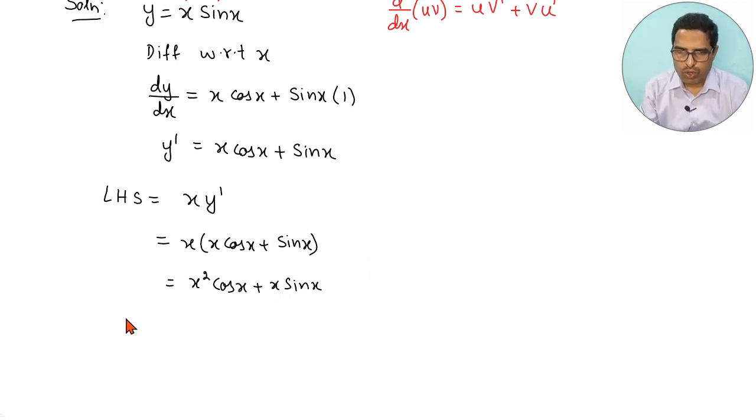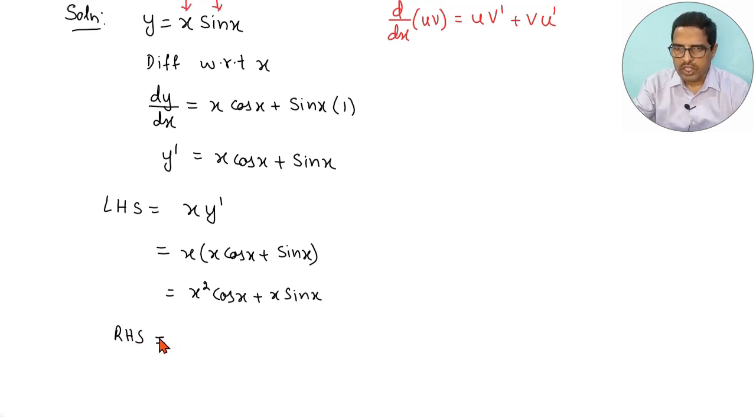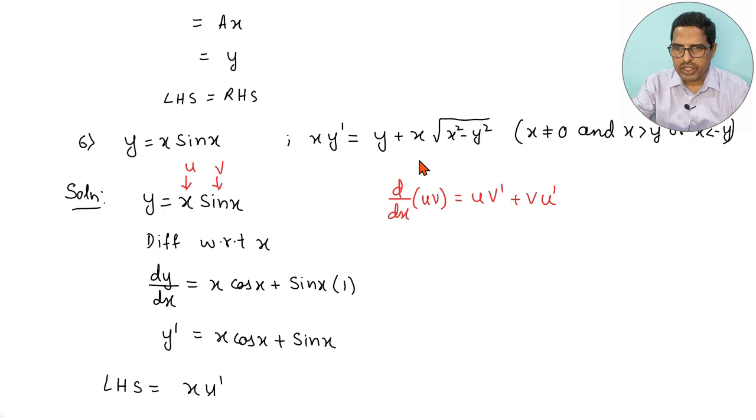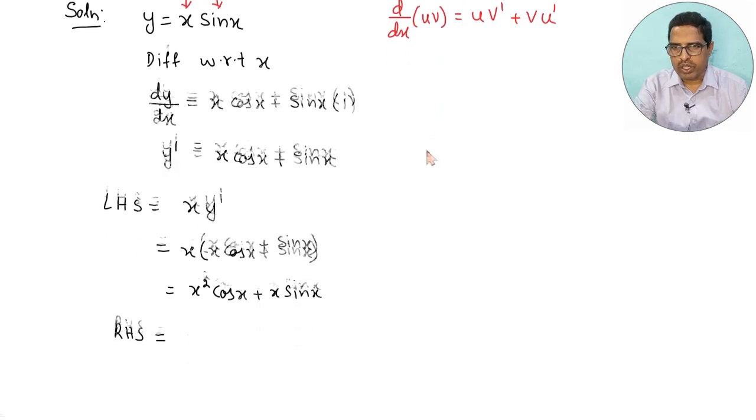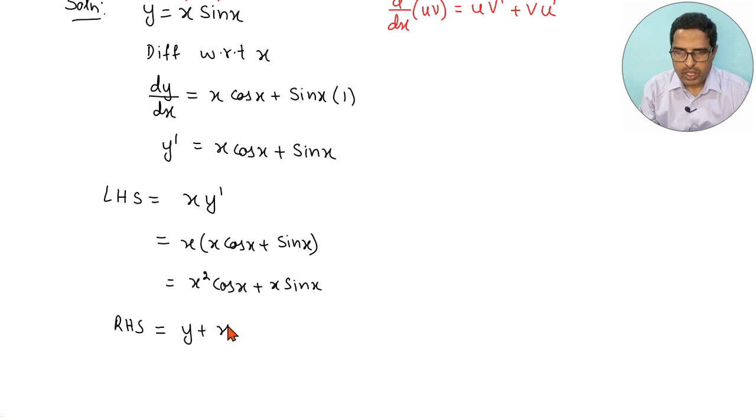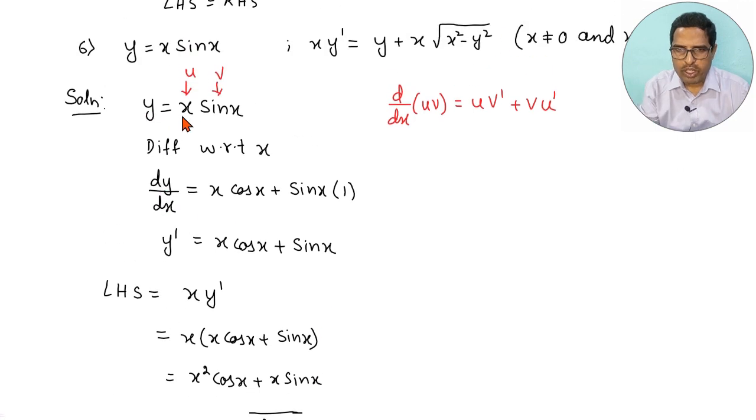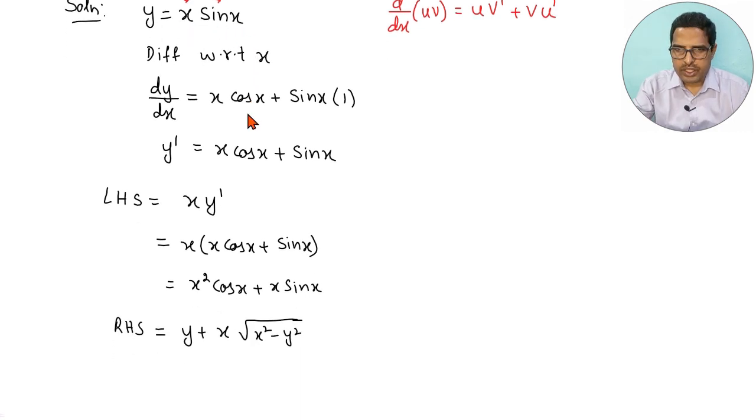Now let us go for the right hand side, RHS value. What is the RHS value we have? It is y plus x into root of x square minus y square. I'll retain x as it is and substitute the value of y to be equal to x sin x. So in place of y, let us put x sin x.